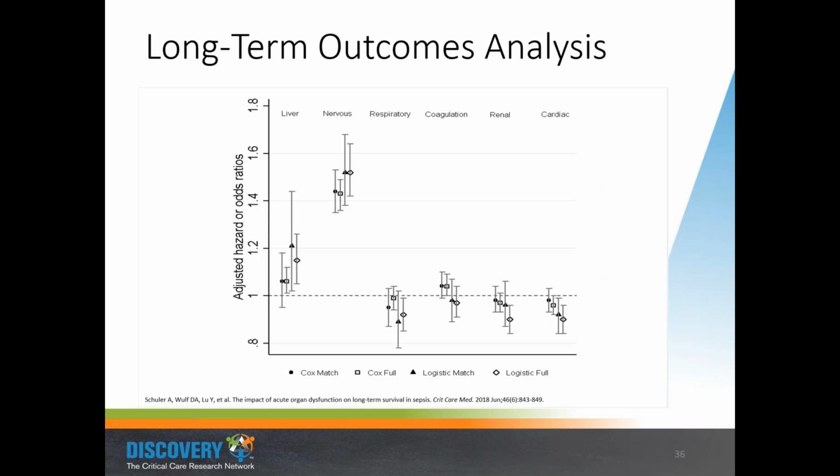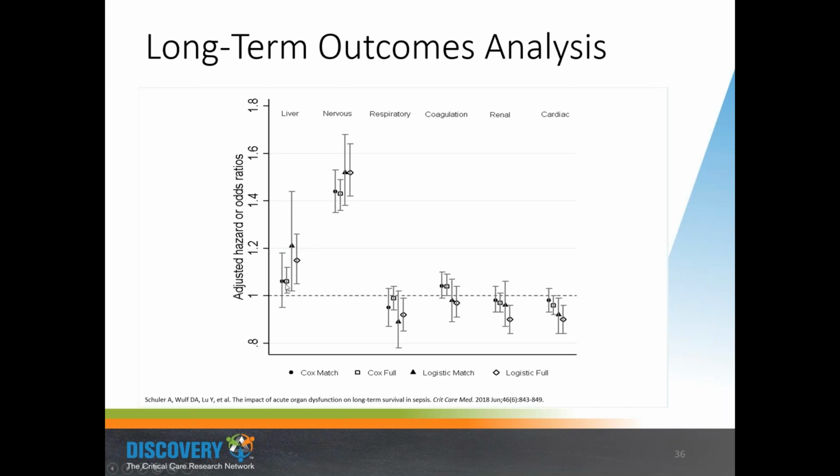Ultimately, what we did was we used this propensity model and looked at long-term outcomes, and here are the results. Essentially, we found that uniformly, nervous system dysfunction, evidence of obtundation, confusion, motor system problems, delirium, etc., during the acute organ dysfunction were the most robust in terms of impacting long-term mortality.